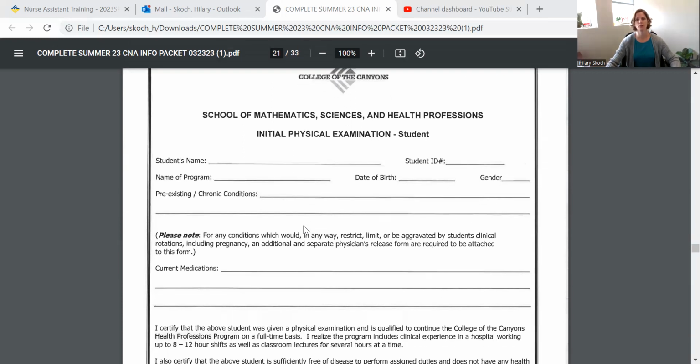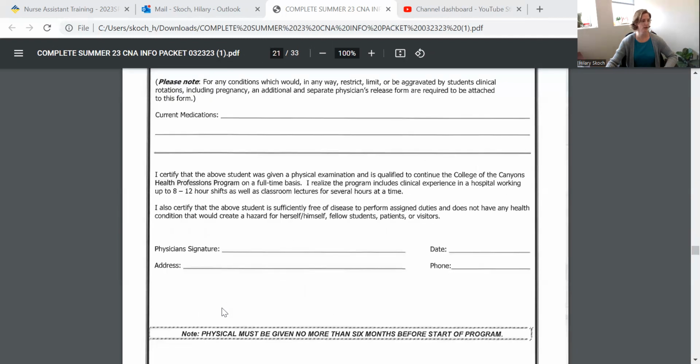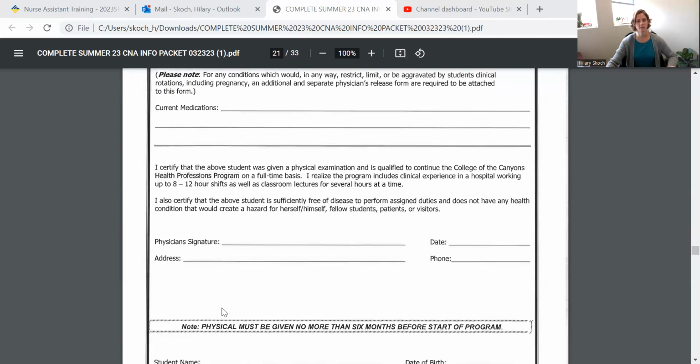Your doctor will fill all this out except for you can write your name, your student ID, you can write College of the Canyons, your date of birth, and your gender. This and below is filled out by either the doctor, the physician's assistant, or the nurse practitioner. If the physician, the nurse practitioner, or the physician's assistant has a stamp, they can stamp. We accept stamps. Stamp is okay.